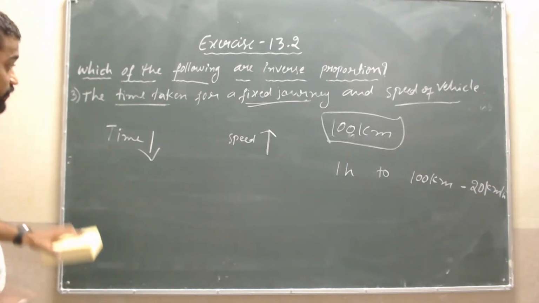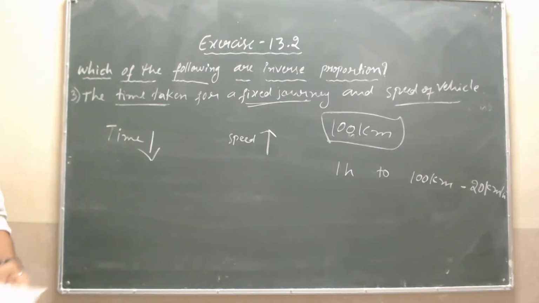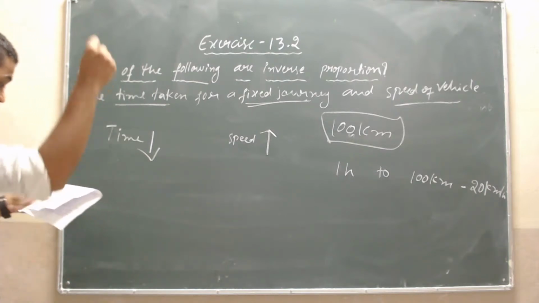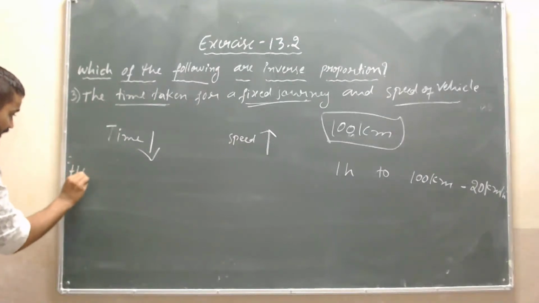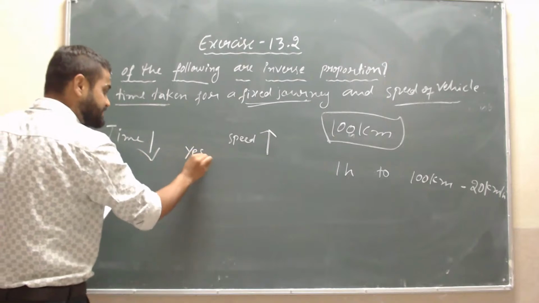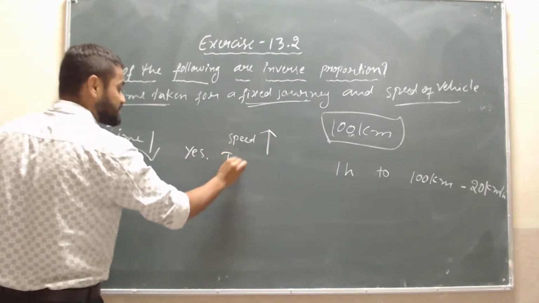And this is the homework for you, students. What is that? The population of a country and the area of land per person. This is the homework, think and tell me the answer. You have to write whether these are inversely proportional, like that.